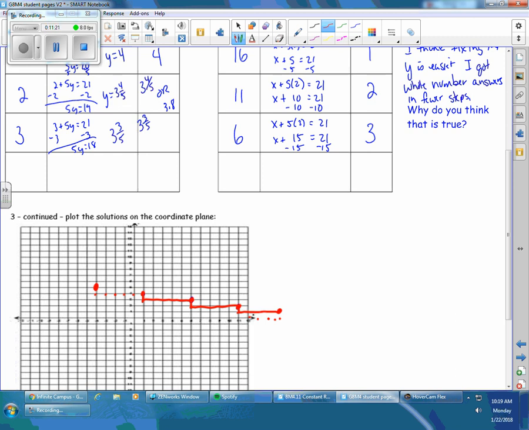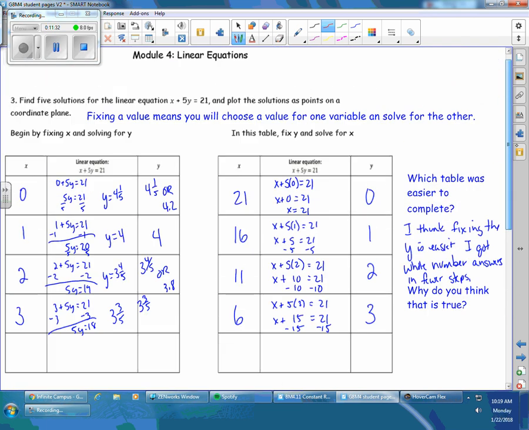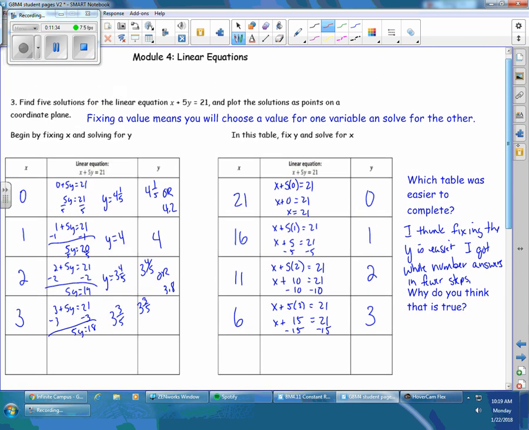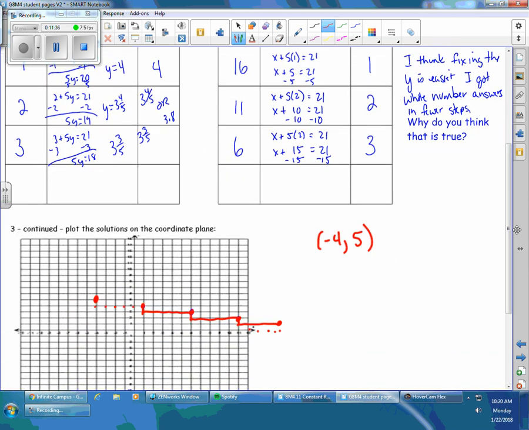So that's going to be negative 1, 2, 3, 4, negative 4, and then 1, 2, 3, 4, 5, positive 5. Let's see if that works in our equation. So our equation was x plus 5y equals 21. So x is negative 4 plus 5 times 5. Does that equal 21?